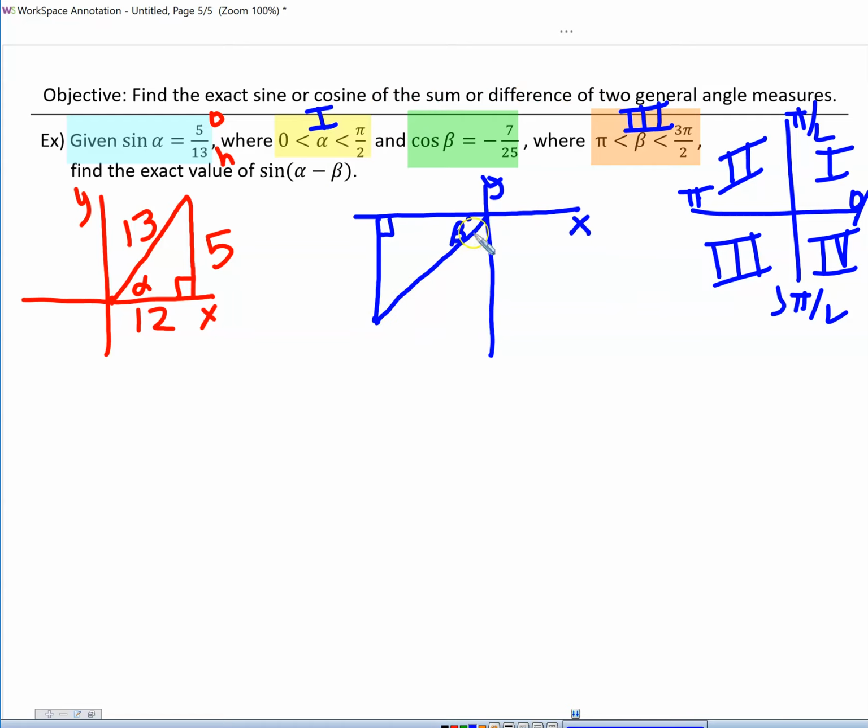That hypotenuse, because it technically represents a radius of a reference circle, must be positive. So when you look at cosine as adjacent over hypotenuse, that hypotenuse has to be the positive 25. Can't make it negative. So that means that our side adjacent is a negative 7, like so.